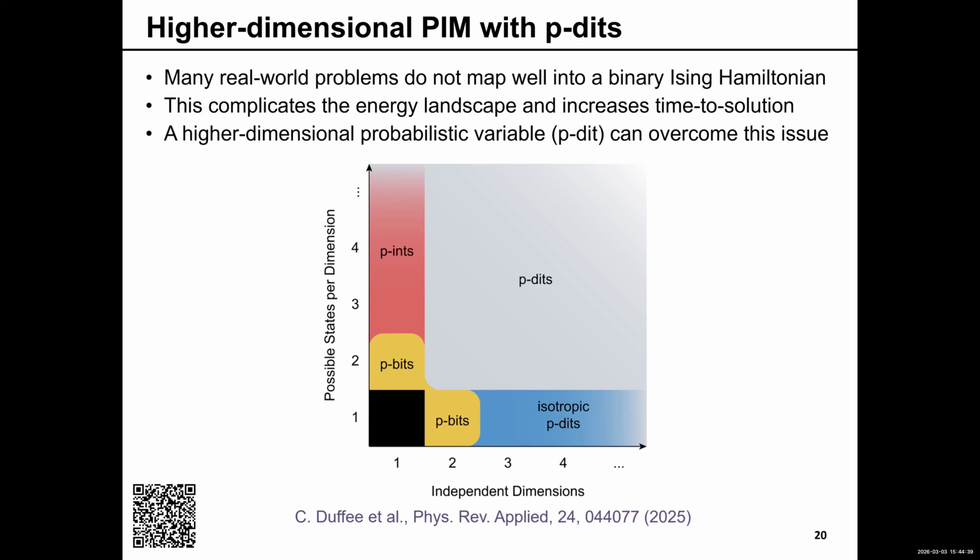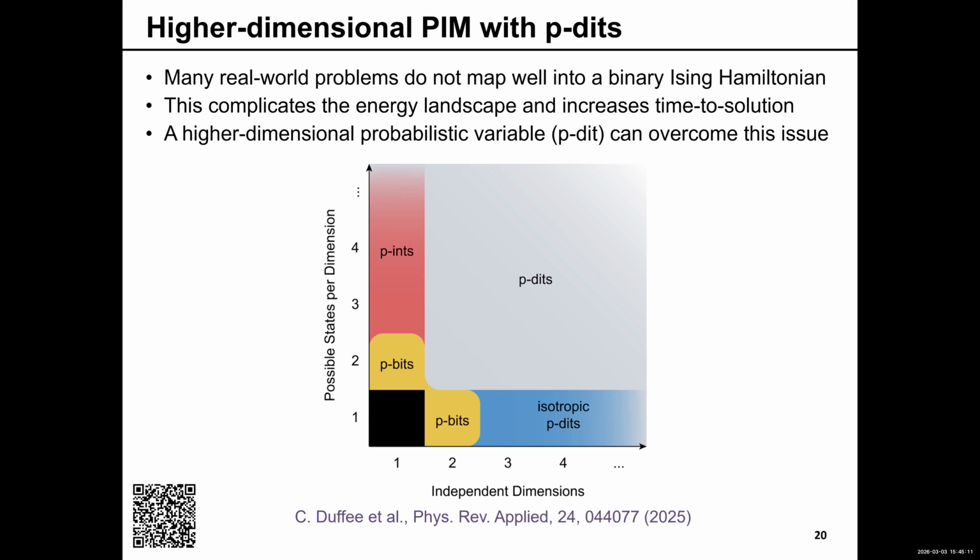But there are also other types of variables that you could define. For instance, you could define isotropic p-dits, which are n-dimensional but only have a single state per dimension. This is very useful for things like traveling salesman problems or related problems. You could also define an arbitrary number of states for a one-dimensional variable.